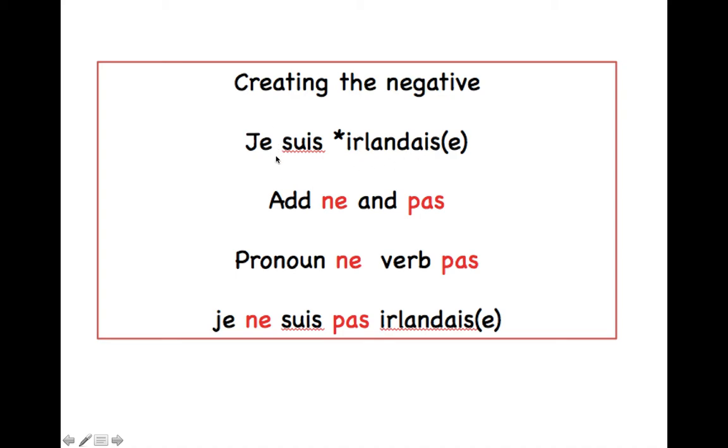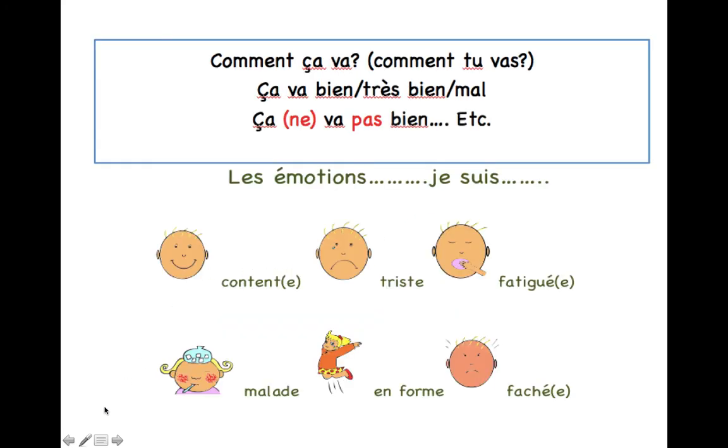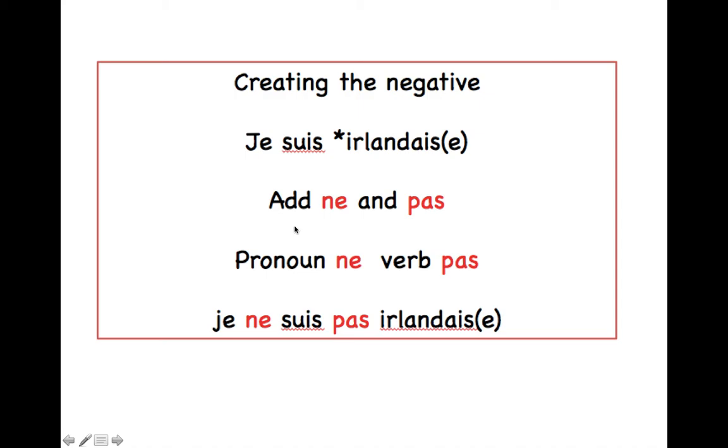So the sandwich basically is made by putting two words, one on either side of the verb. The two words we use are ne and pas. So we have the pronoun, which is je ne suis pas irlandais.